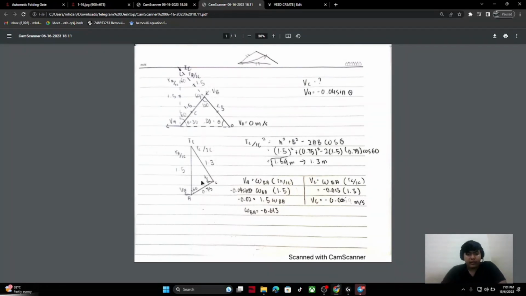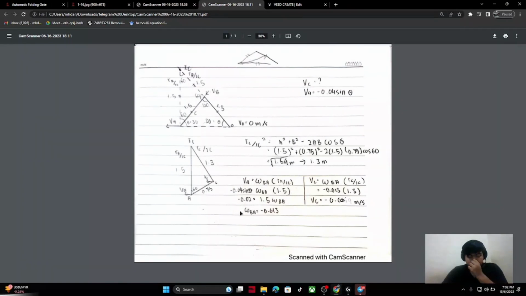What I do in this solution is, first I find the RCIC, using the cosine rule: RCIC square equals A square plus B square minus 2AB cos theta, and I get 1.3 meter as the RCIC. Then I find the omega BA, as VA is already obtained, and we also already have the IC.